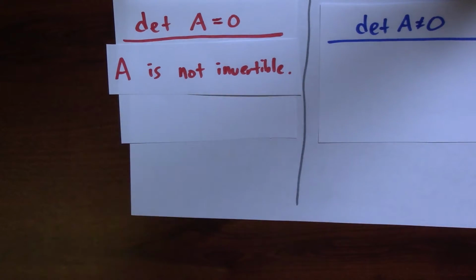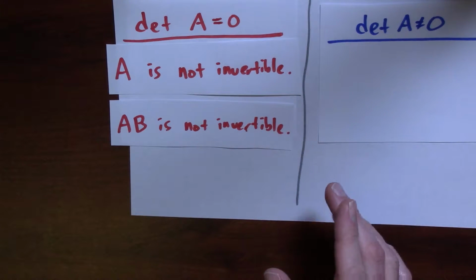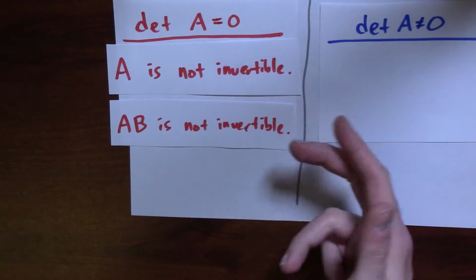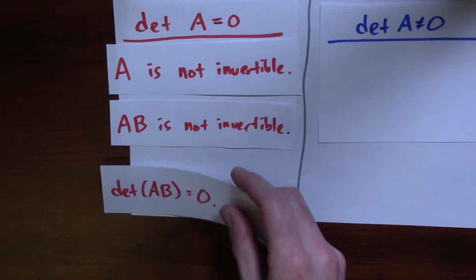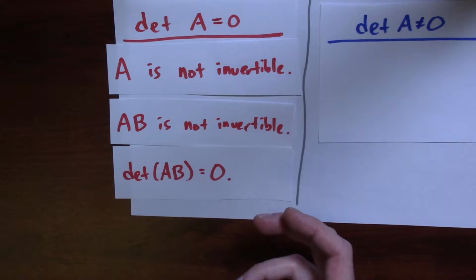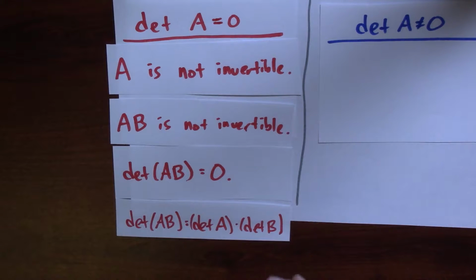And because A is not invertible, A times B is not invertible either. Assuming we understand how the determinant vanishing is related to invertibility, the fact that AB is not invertible means that the determinant of AB equals 0. And as a result, in this case we've proved exactly what we want to prove.